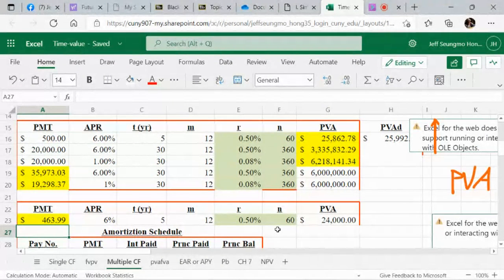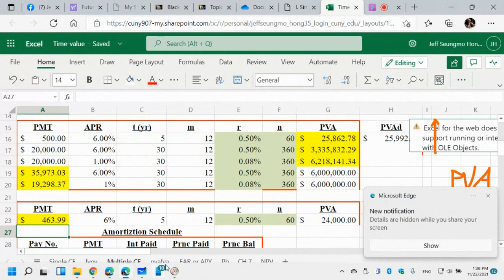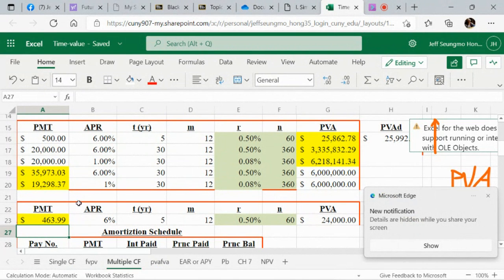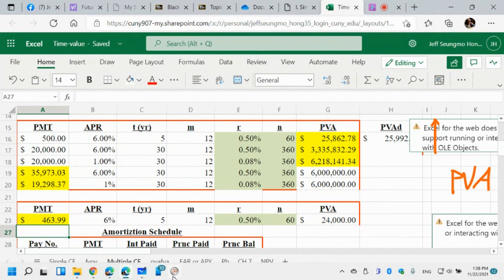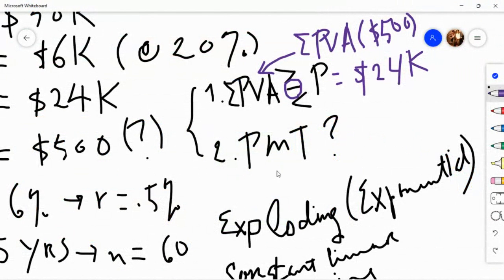Before we move on to amortization, some of you might think, if my loan was 24K, that was principal, am I paying back only 24K?